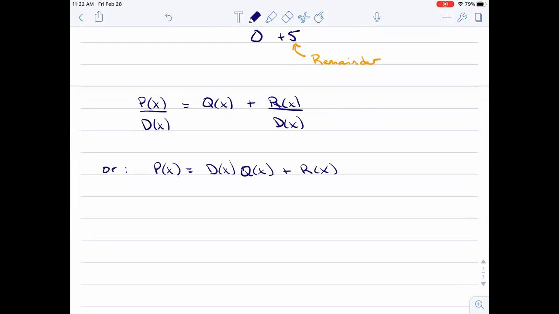What have we done here? We've just multiplied the d of x over to the right-hand side. It's canceled here, but now we've got q of x times d of x. And so these are the same, right? So to me, it doesn't matter which way you want to write it, right? But for us, I'll write a little note here. These are equivalent.